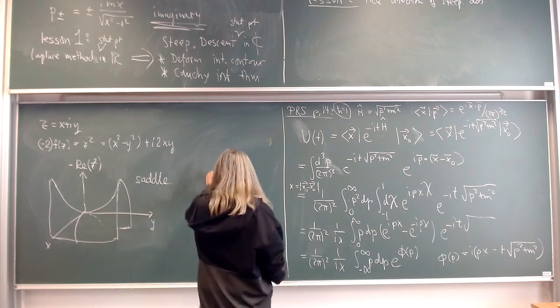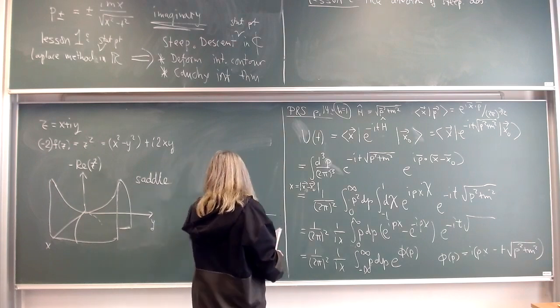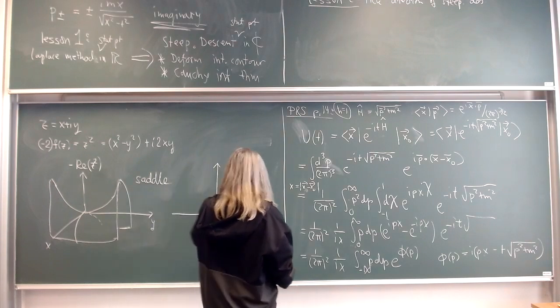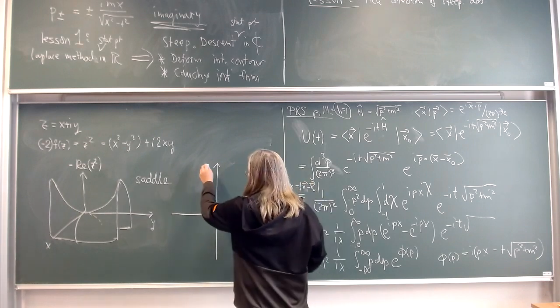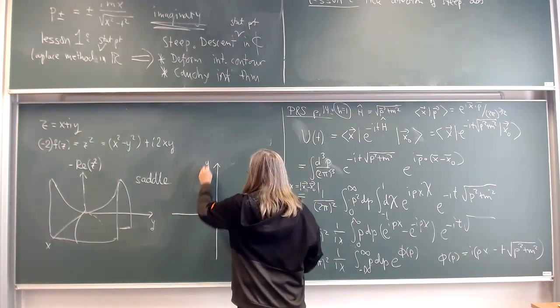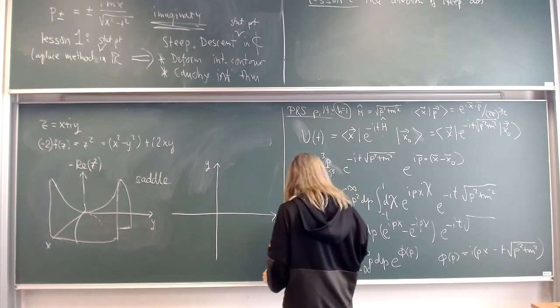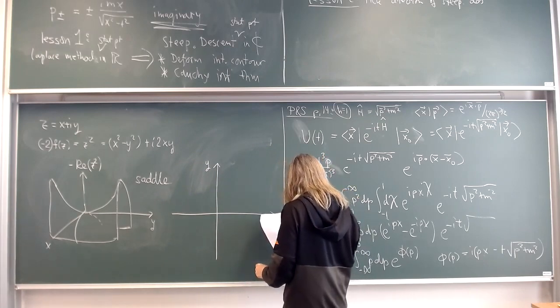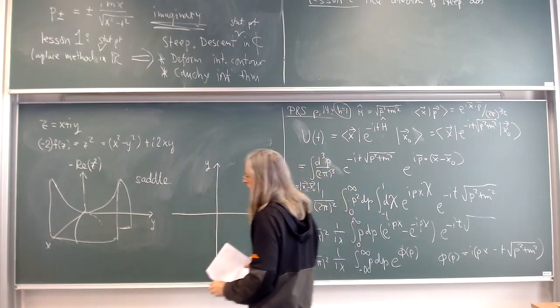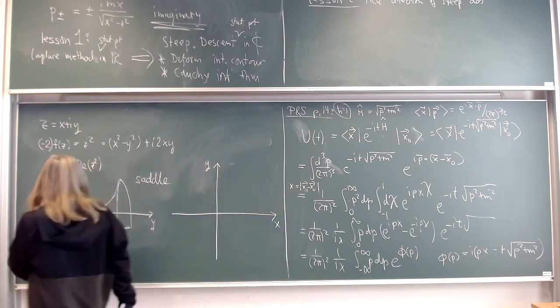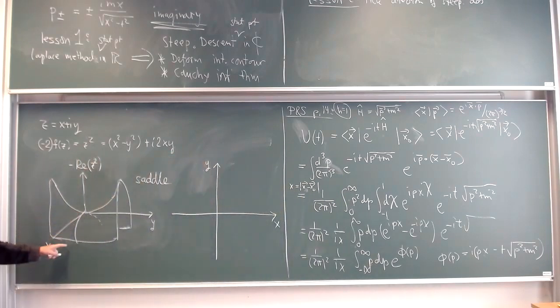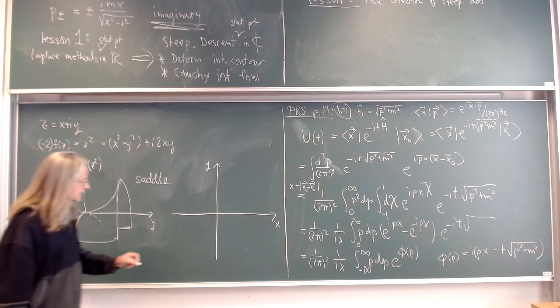And let me draw a plot here. Here we have y up, x like this one. And then we will say that the direction of steepest descent is along the x-axis.